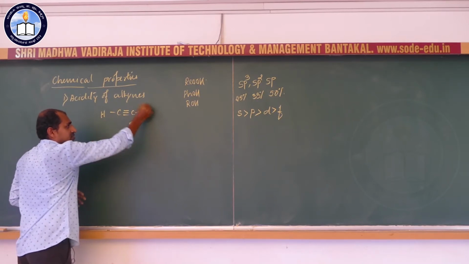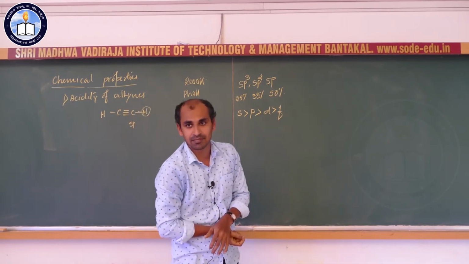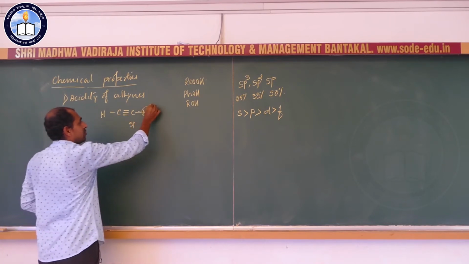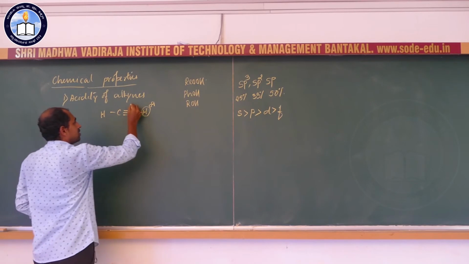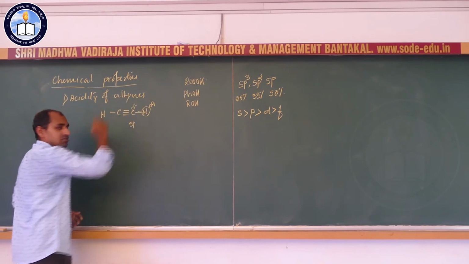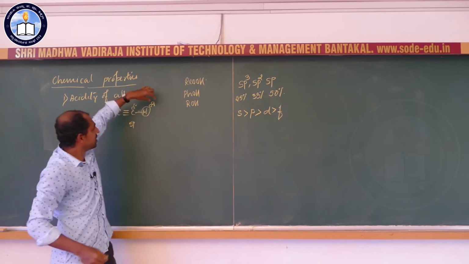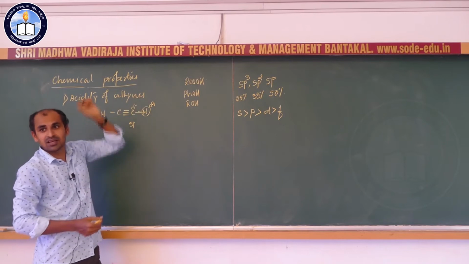As a result, this hydrogen experiences electron deficiency. The moment it experiences electron deficiency, we write delta positive charge on hydrogen and delta negative charge on carbon atom. Since it gets delta positive charge on hydrogen, it acts as acid.